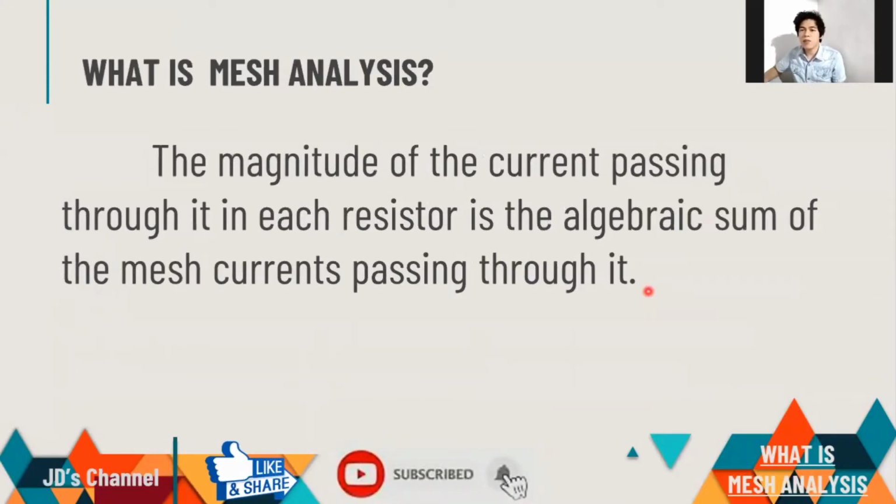The magnitude of current passing through each resistor is the algebraic sum of the mesh currents passing through it. Okay?